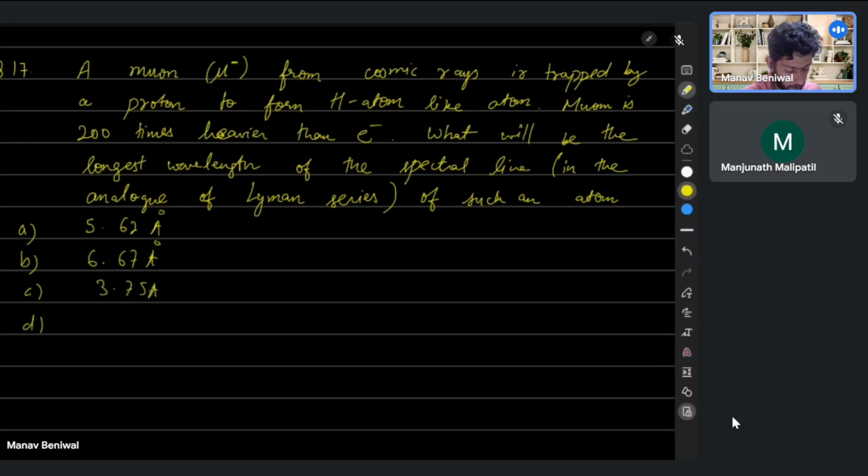And these are the different options: 5.6 angstrom, 6.67, 3.75, or 13.3 angstroms.